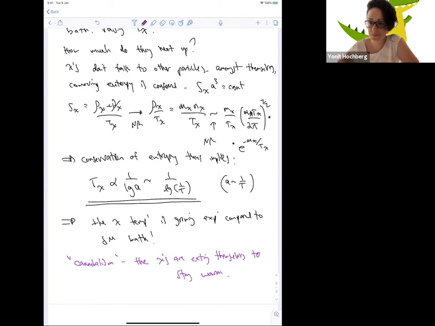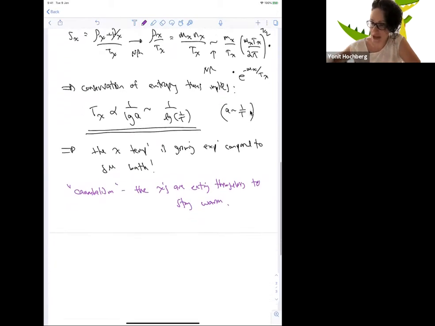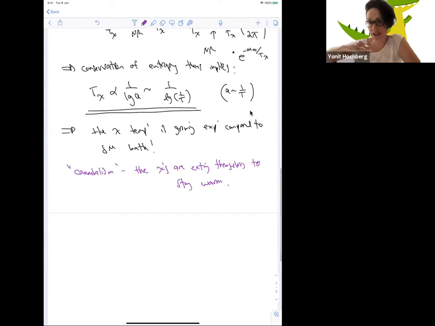So we have a sector that is cannibalizing. It's getting warmer and warmer, and we can estimate the abundance of the dark matter in a sector of this sort.